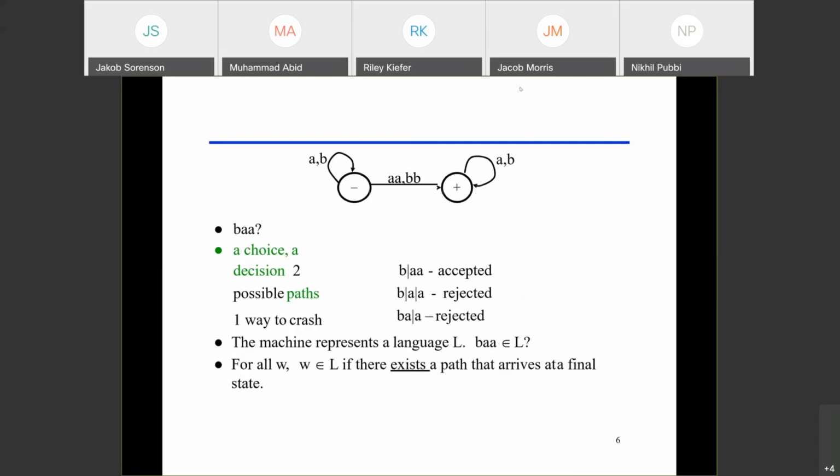Are you writing or speaking? So Jacob, we cannot hear you. Okay. Nikhil, is this valid? Yes, it is valid. Nikhil, who is speaking? So Nikhil, is this a valid FA, the one I am showing on the screen at this time? I think so.